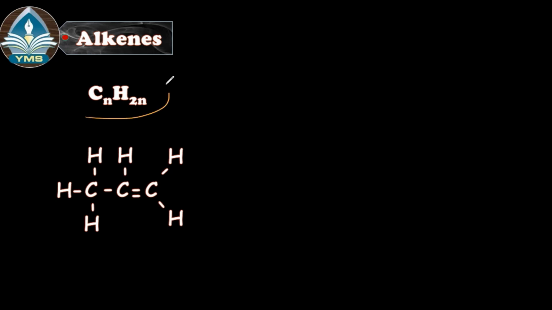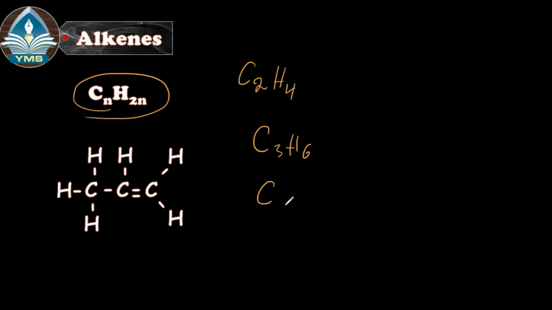This is the general formula of alkenes. What does this mean? If n is 2, then H is double only, 4. If you have C3, that's going to be 6. If you have C5, this is going to be 10, and so on.